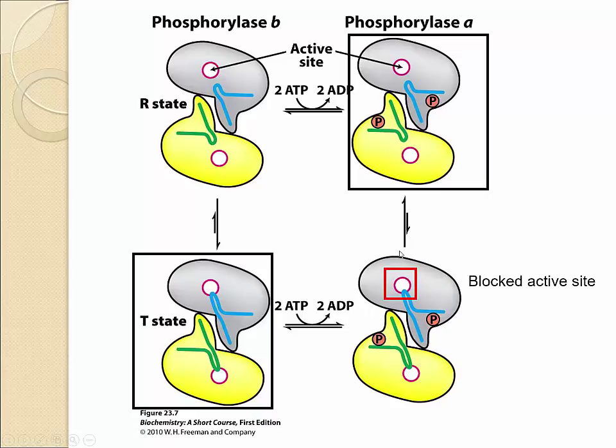Notice when we are in the T state, the active site is blocked. Whether or not it's phosphorylase A or B, the activity of the enzyme is dependent upon access to the active site. The phosphorylated form, phosphorylase A, prefers, given by this equilibrium, the R state. Phosphorylase B, the non-phosphorylated form, prefers the T state.